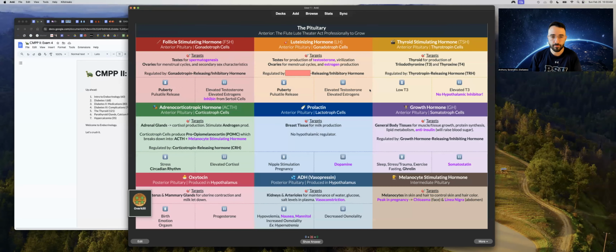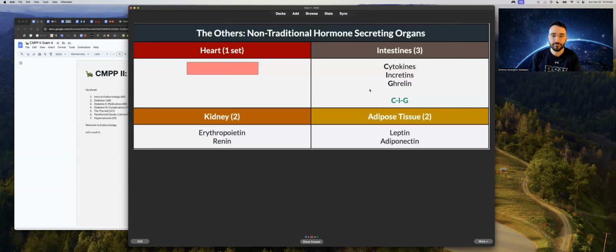Negative feedback loop. Regulated by gonadotropin-releasing hormones. What from Sertoli cells would inhibit FSH? I don't know. Inhibin. Oh, we knew that.